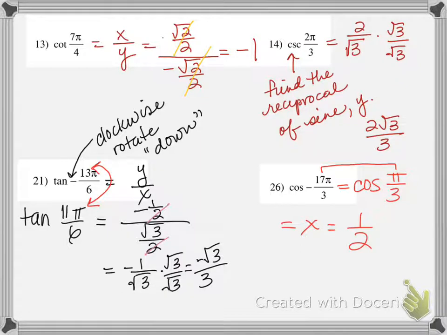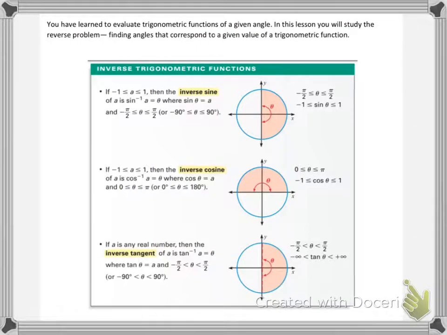All right, almost there, you guys. Okay, last but not least, this is part 2 of your assignment. Now, of your notes, I mean. So inverse trig functions. Inverse trig functions basically is us going to find angles, okay?